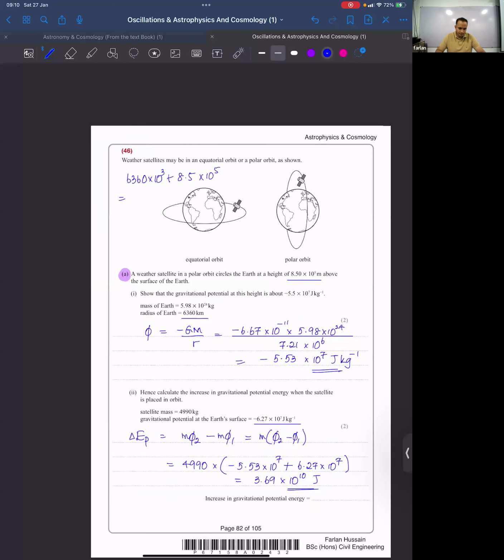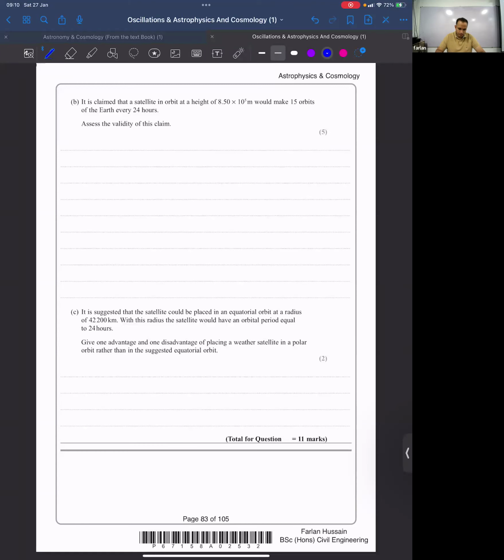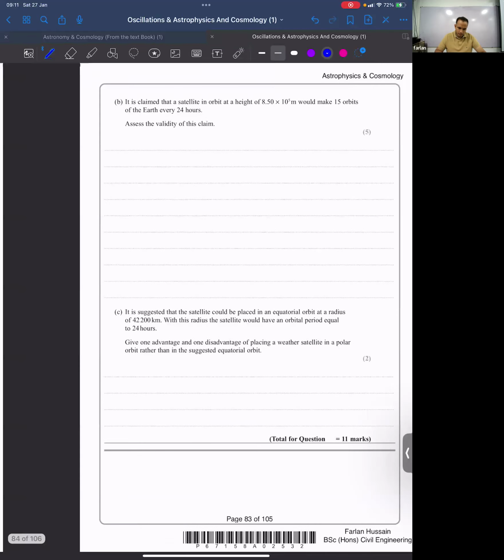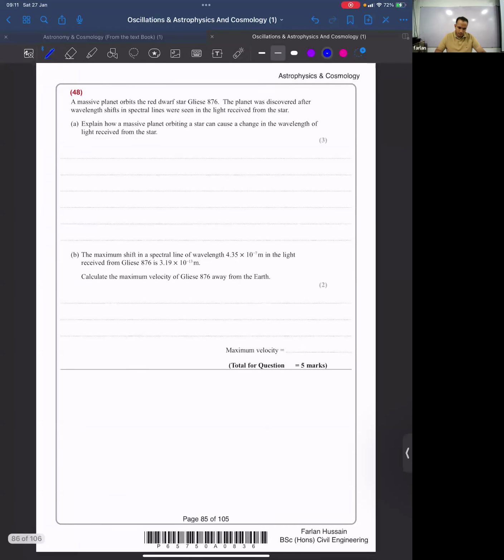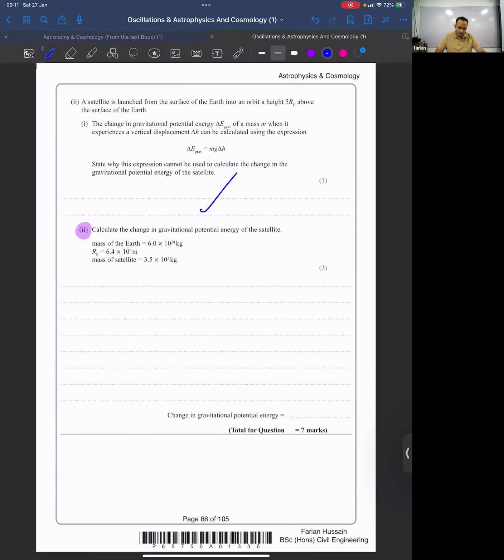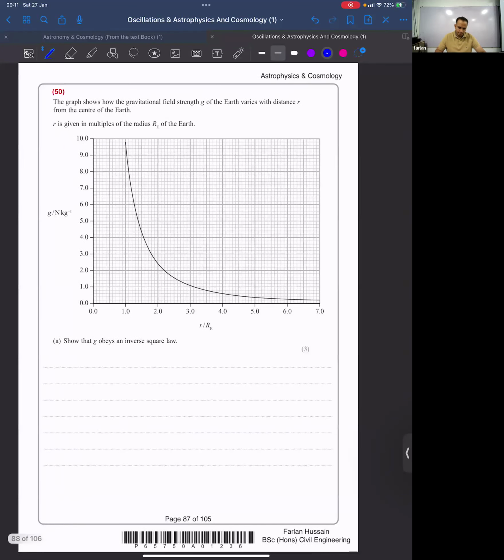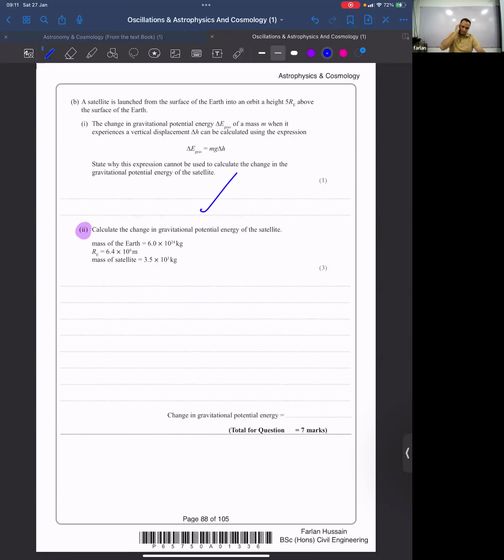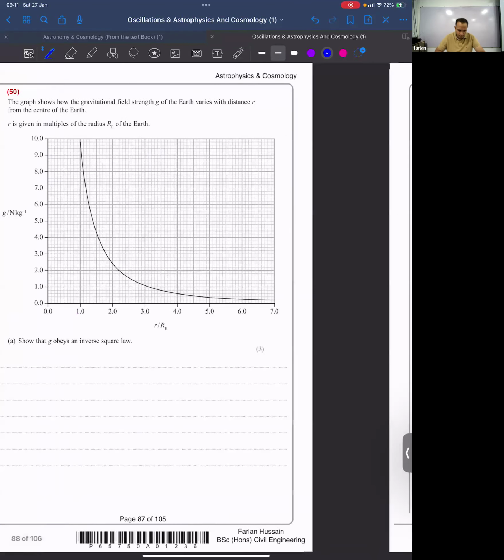What's next? 50B. A satellite is launched from the surface of the Earth into an orbit at a height 5 RE above the surface of the Earth.